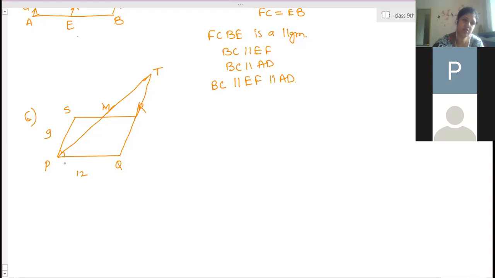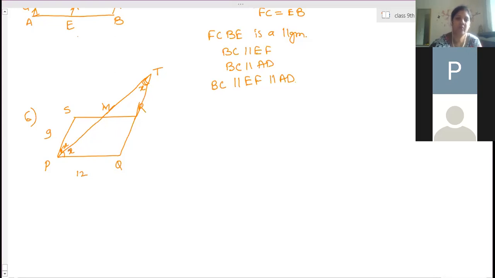These two angles are equal. This angle is equal to this angle, alternate interior angles. So that means this is x, this is x, so this is also x, because in alternate interior angles, PS is parallel to QR.